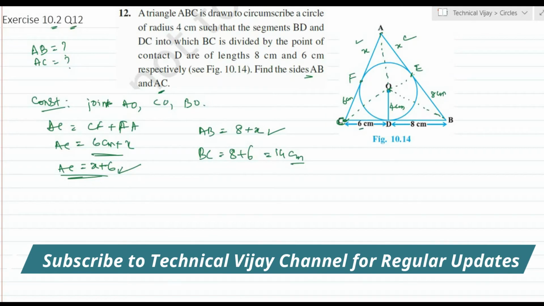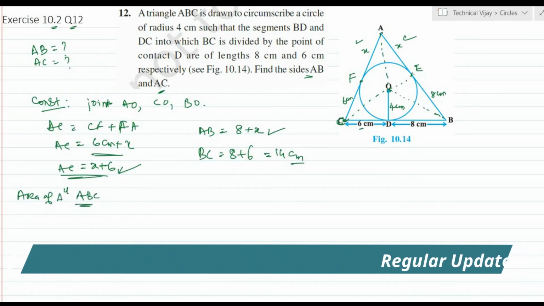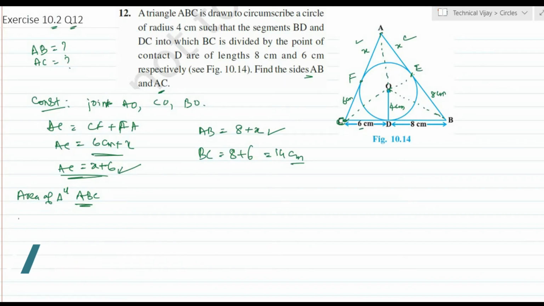So now the solution is, we have to find out first the area of triangle ABC. Okay. So here sides are what? Here AC is equal to x plus 6 and AB is equal to x plus 8 and BC is equal to 14 centimeter. So these three sides we know.